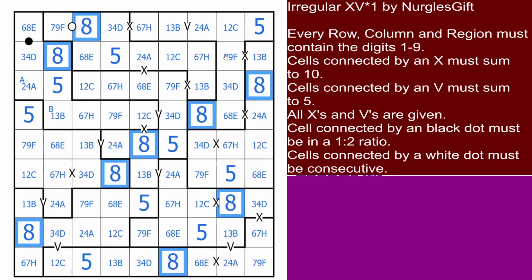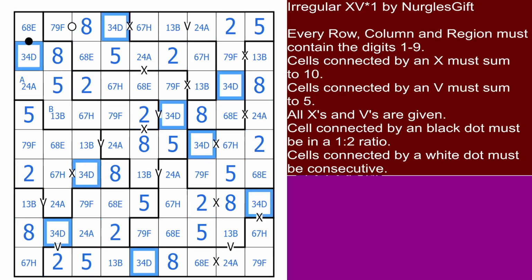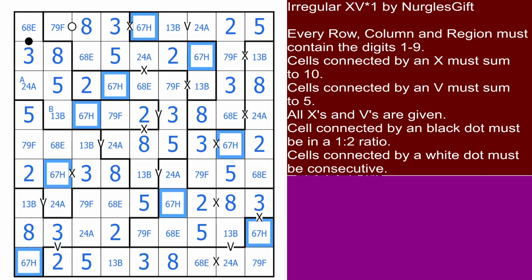G is 8, that means C is opposite of 8 on 10. So 10 minus 8, so C is 2. C is 2 means now D is 3. D is 3 means H, which is opposite of D, is 7 now. 10 minus 3 is 7. What is remaining now?